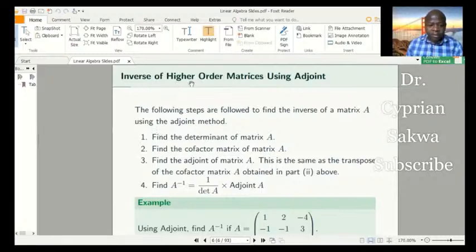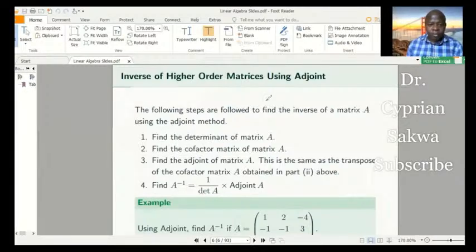The first thing that we do is, supposing I'm given matrix A, to find the determinant of matrix A. Then I will proceed to find the cofactor matrix of matrix A, and then find the adjoint of matrix A. So for higher order matrices, the adjoint of a matrix would be the transpose of the cofactor matrix that we obtained in part 2 here.